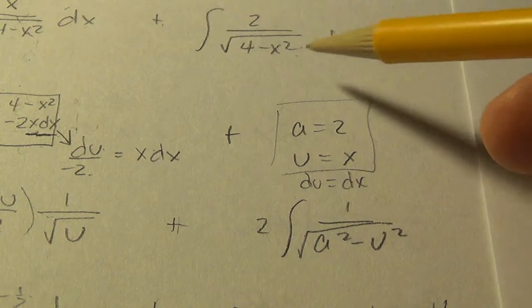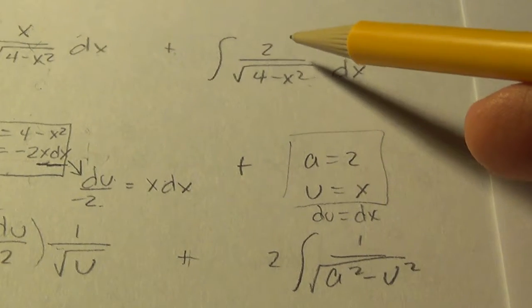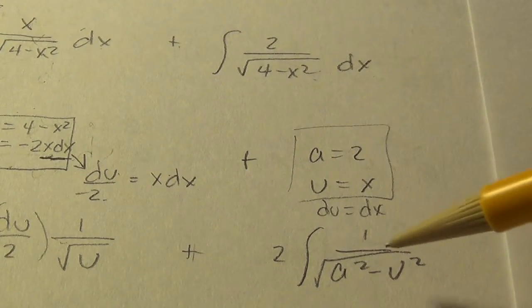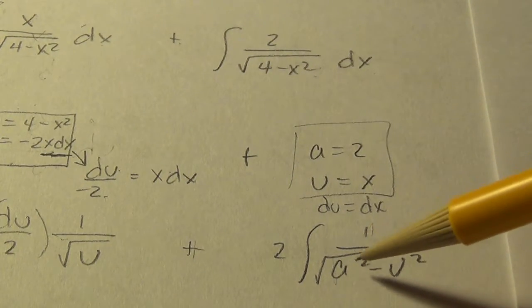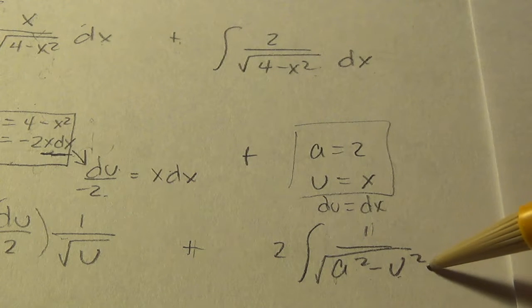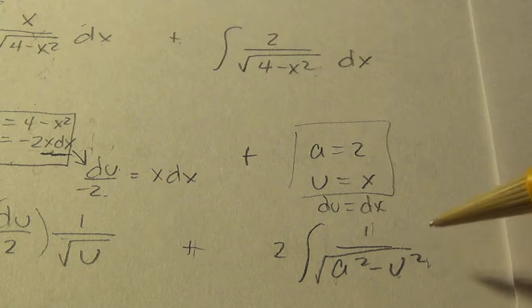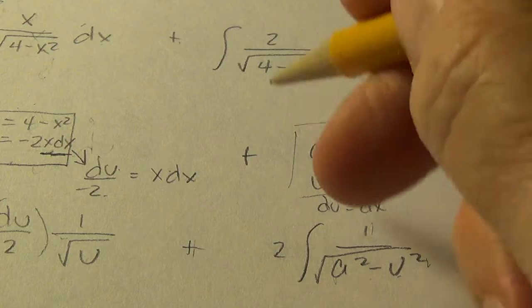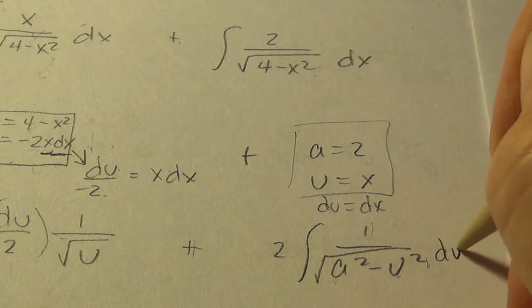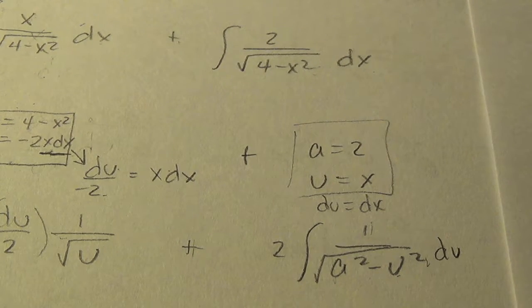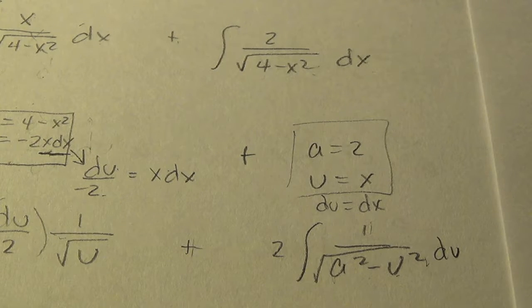Forgot. So now I substitute everything in. I have the 2 coming across, leaving a 1 over a squared minus u squared, and I should have a du. Sorry. Now that's one that I recognize from what I learned today.